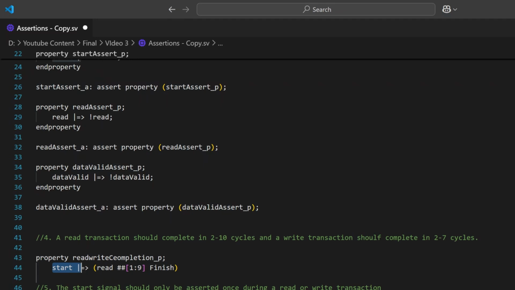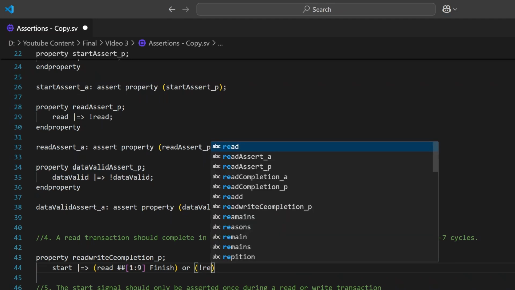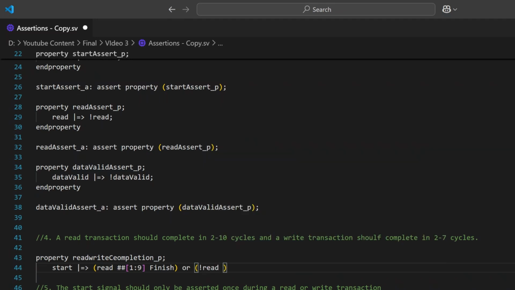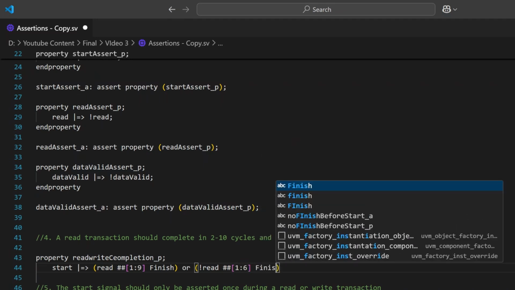And so let's write the same thing for the write transaction. So for the write transaction to begin, the read should be deasserted. Since it says that it should be in the next 2 to 7 cycles, I will write the range of 1 to 6. And it finishes when the finish is asserted.